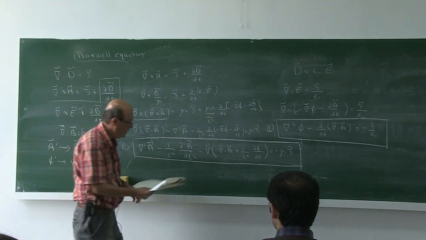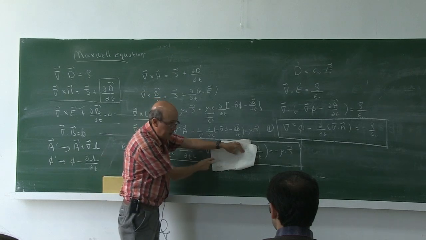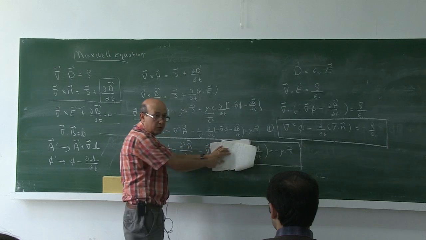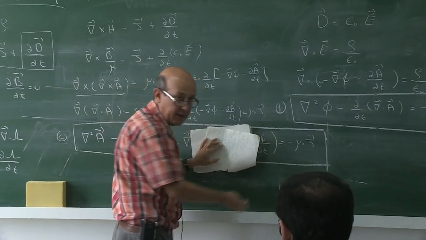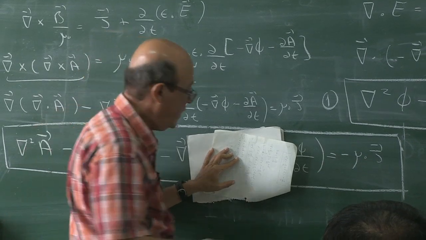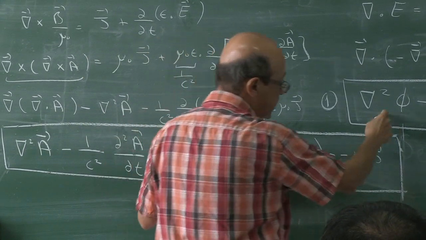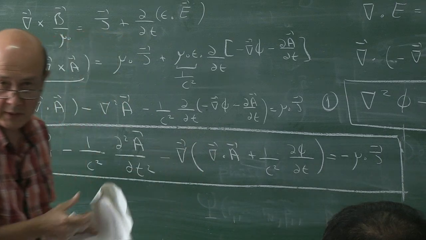If I say that this term is equal to 0, what kind of equation do you obtain? As your friend says, left-hand side is the wave equation, but the right-hand side has something. This is a non-homogeneous wave equation. And if you fix this as 0, this equation could be in a nice format.